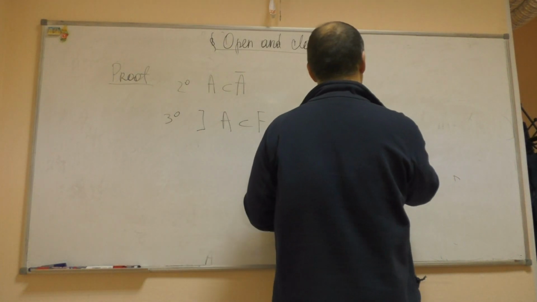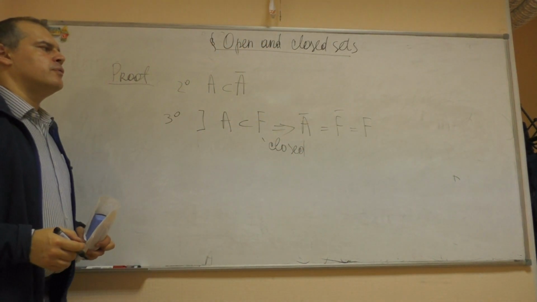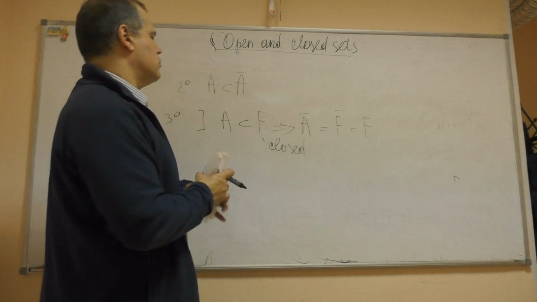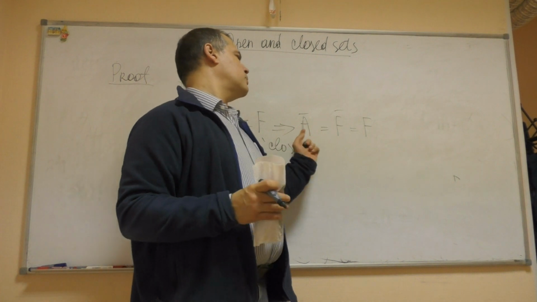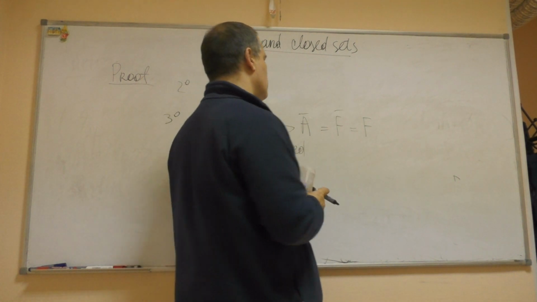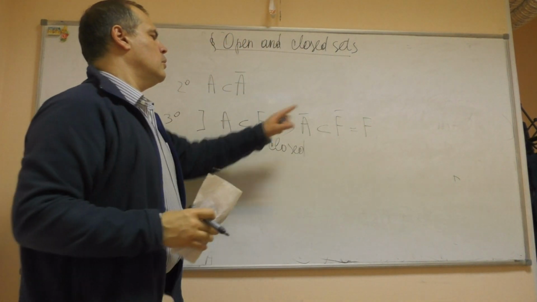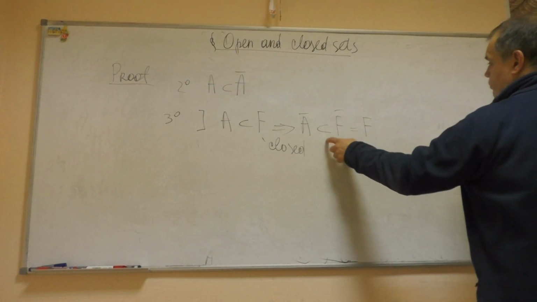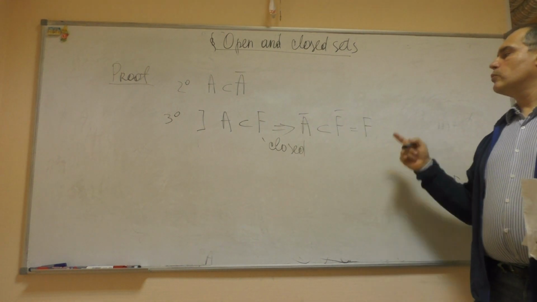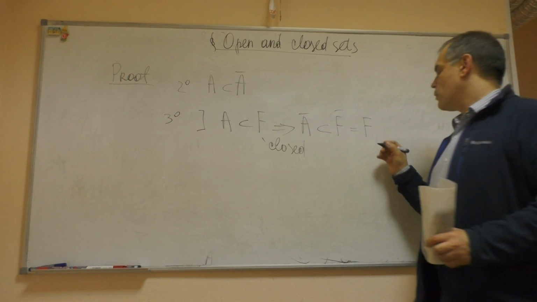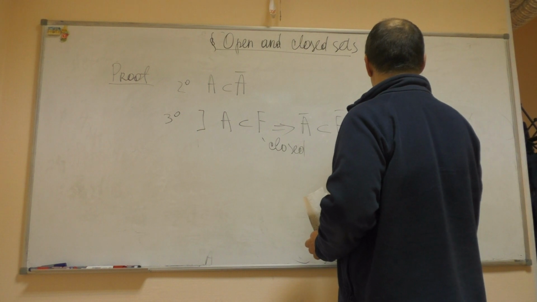So the closure of F coincides with F itself. So we assumed that A belongs to F, and F is closed, and obtain that, sorry, here it's not equal but belongs. Obtained that closure of A belongs to F. So this theorem is proved.